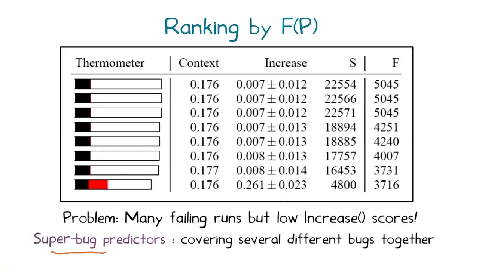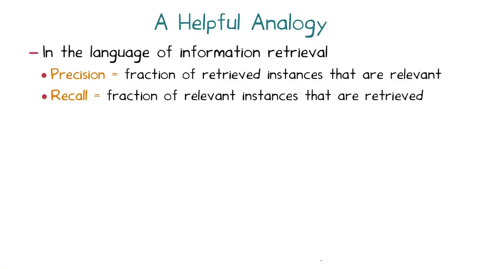This is corroborated by the fact that these predicates are also true in many successful runs, ranging from 4,800 to over 22,000. These numbers strongly imply that these predicates are superbug predictors. To resolve this problem, let's look at an analogy from the field of information retrieval, which defines two concepts: precision and recall.